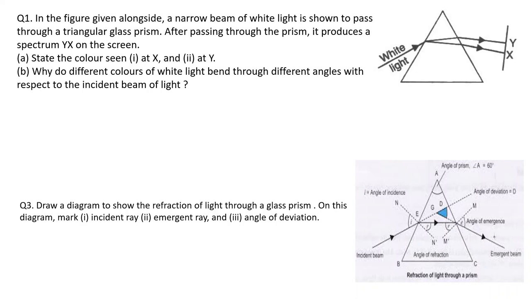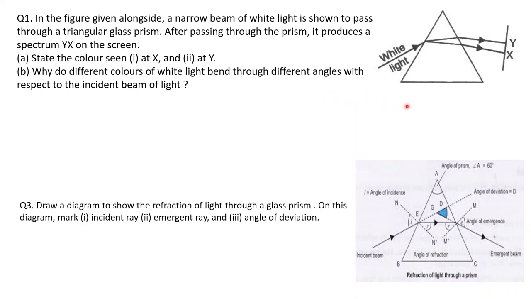This deviation happens because white light has all the colors, that is 7 colors of the light, and they travel with different speeds in a medium which is other than air. Children, this is a very important point. Light travels through air with 3 into 10 to the power 8 meters per second speed.